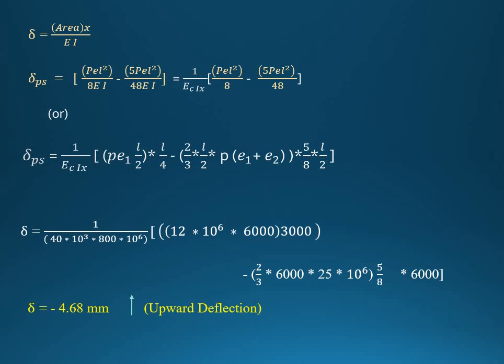Just substitute the values directly here. So you will get the deflection as minus 4.68 mm and it is acting upwards. Acting upwards means the deflection is upwards. This is for the first cable, the deflection is this much.